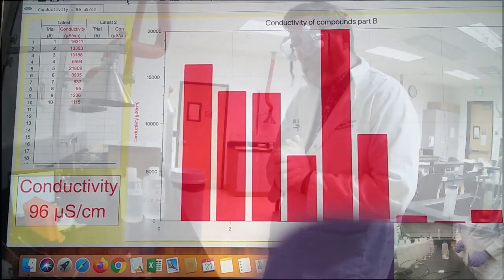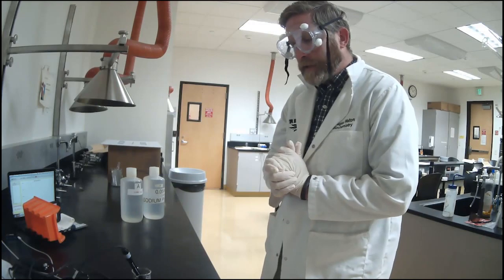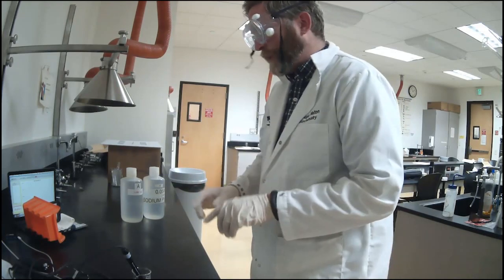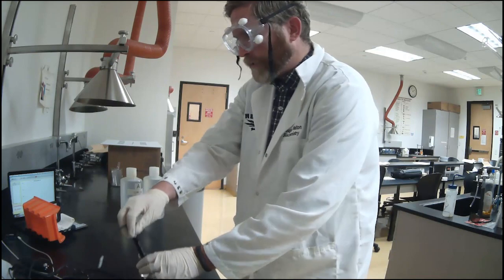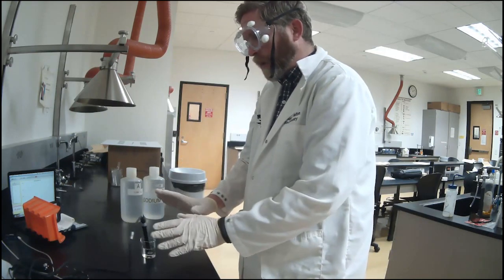In part B of this laboratory, we're going to look at a few solutions and then look at them in combination. What I've first done here is put our electrode into purified water, so we have a basis for our readings as our low.